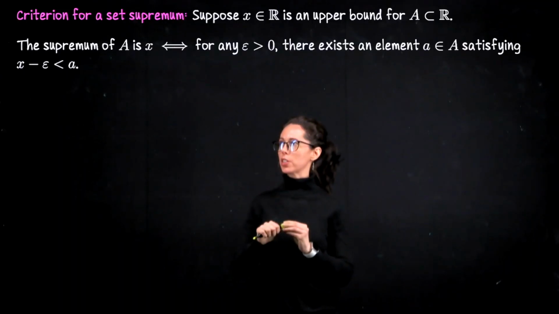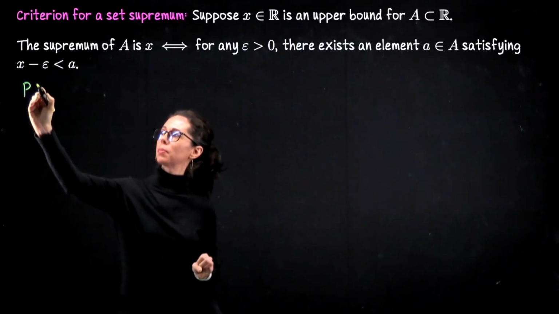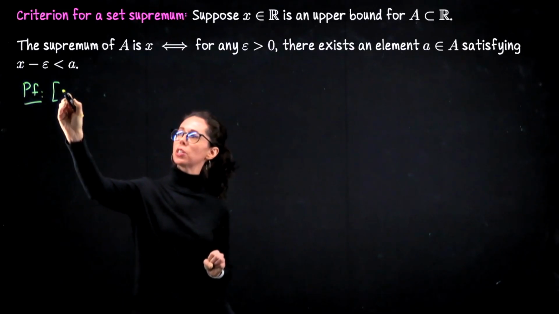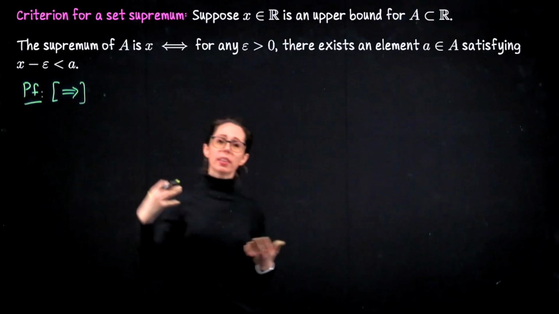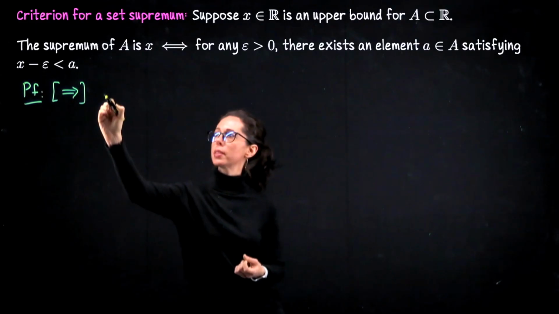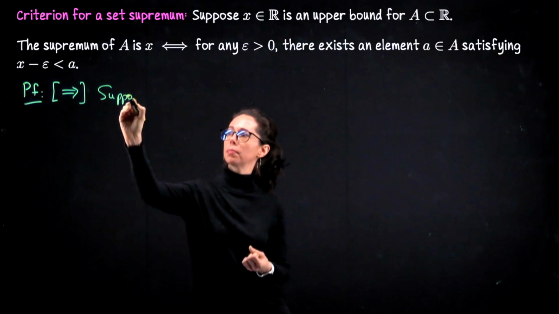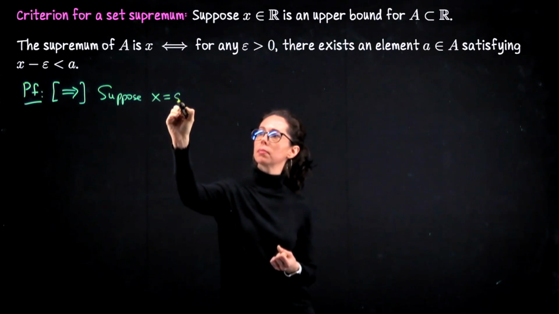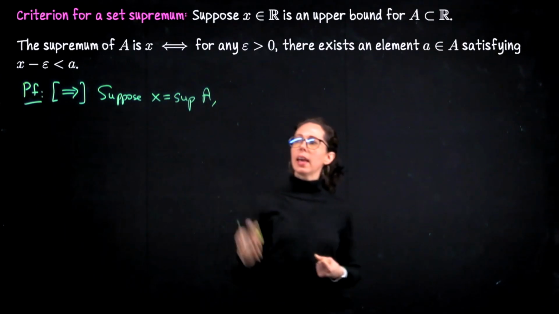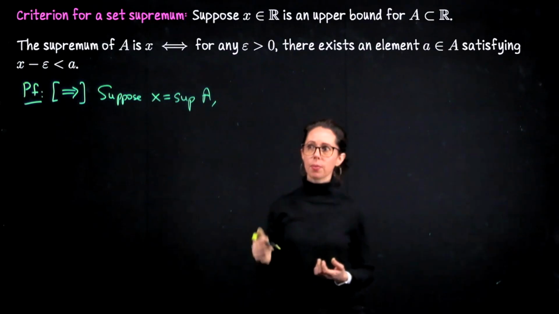We will start with the forwards direction, which is very fast. It's just going to be a direct proof using the definition of a set supremum. So suppose that x is the sup of A, and let epsilon be greater than 0.